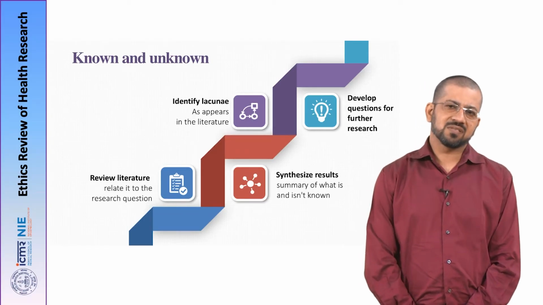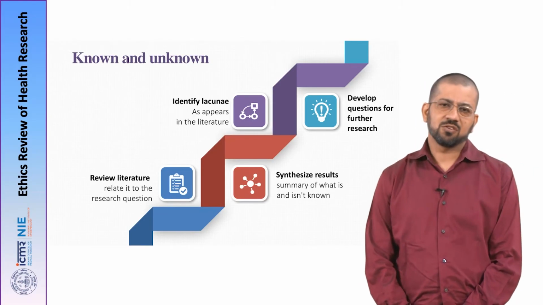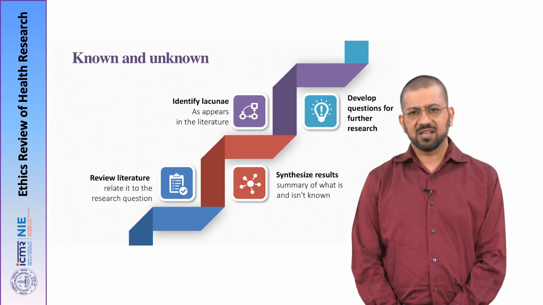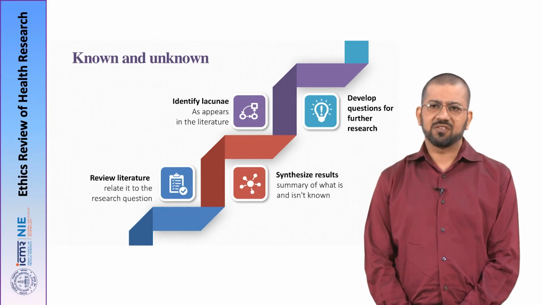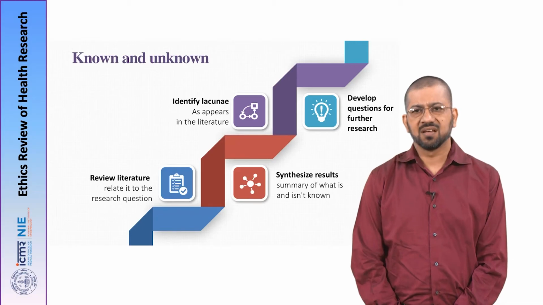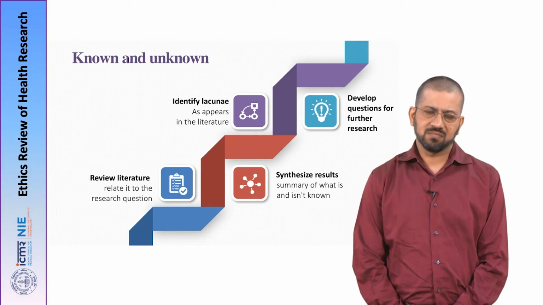Ethics committee members should go through the proposal to understand whether this process has been adequately taken care of in the review of literature and in the way the background and the rationale of the study have been proposed in the proposal.